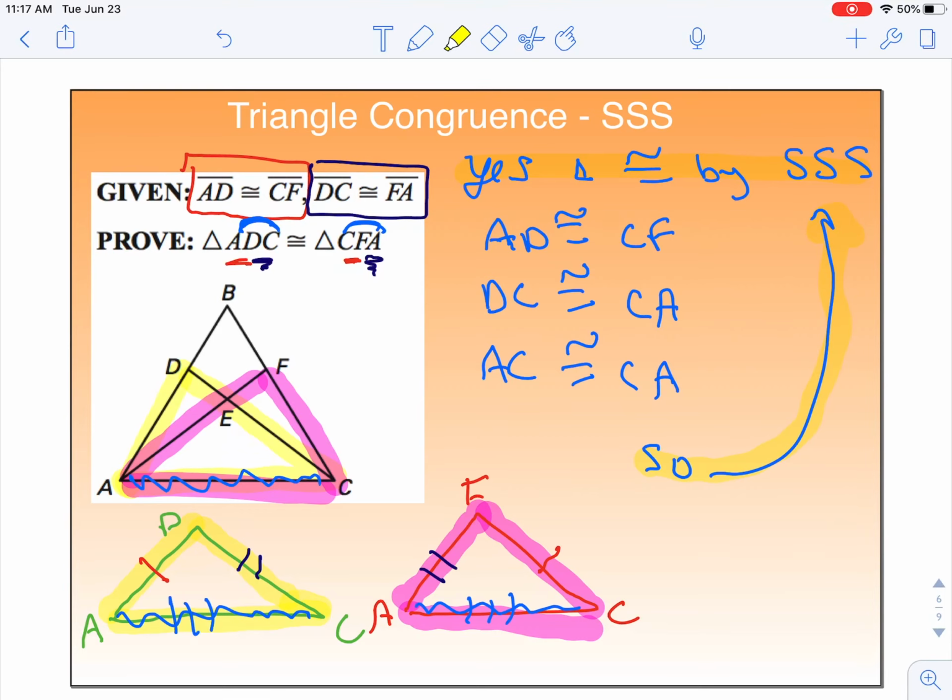So they are congruent by side, side, side. So first I verbally kind of proved this, then I sort of wrote it down to convince you that I do in fact have the three sides.